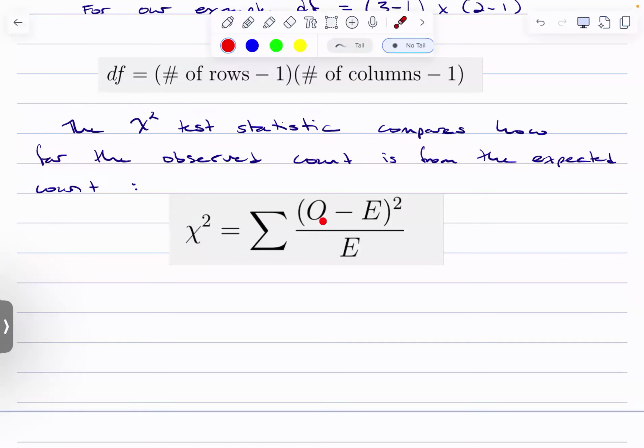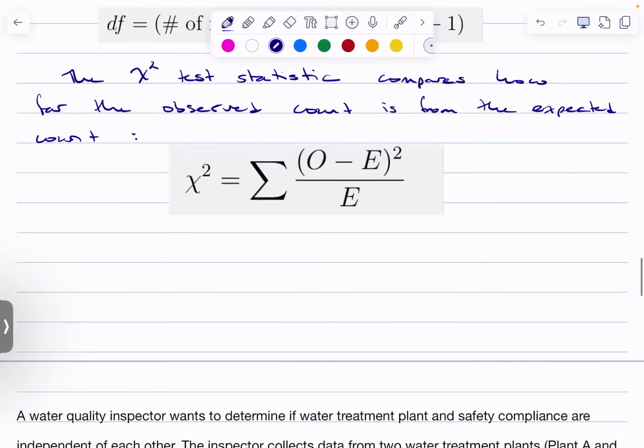You take your observed minus your expected, then you square it, and then you divide by the expected value. You do this for each cell, and then add those all up. So here, calculate this for each cell.